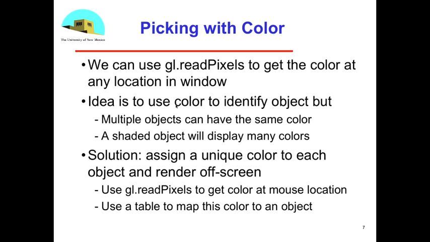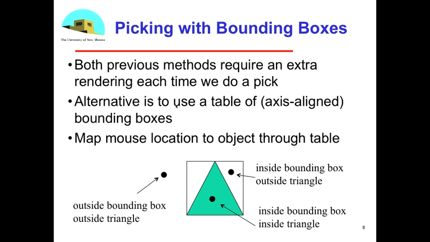Now let me give you one more approximate technique that people can use, and this is very quick to do, and doesn't necessarily require an extra rendering. What you could do is, for each object, build an axis-aligned bounding box. That is the smallest rectangle, with sides aligned with the x and y axes, that the object fits into.